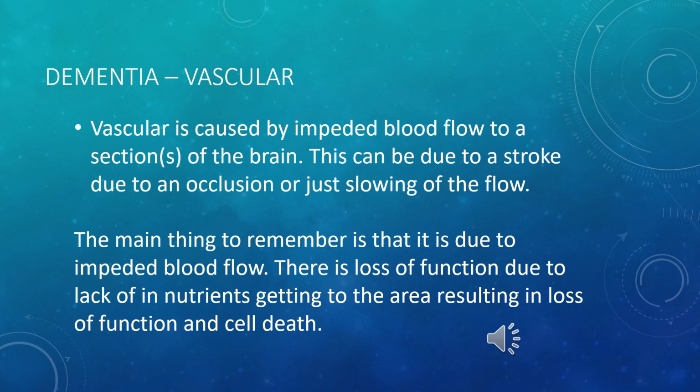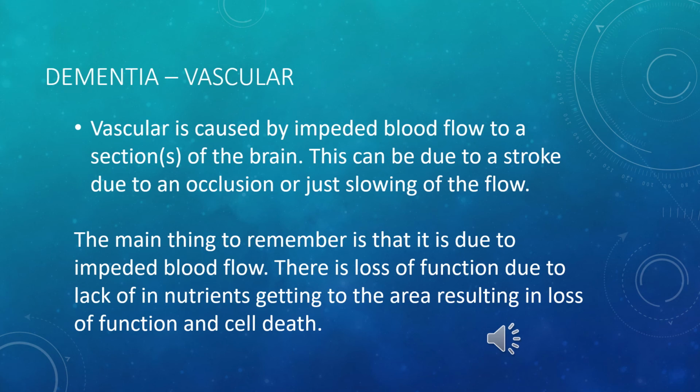Now, what I want you to remember about vascular dementia is it is actually due to the impeded blood flow to a section of the brain. Now, this can be caused by many things. It can be caused by an ischemic stroke, which is a stroke that's caused by a blood clot, or due to some type of inclusion, which could be a tumor or a mass, or it can be from a buildup of cholesterol on the vessels, which causes a blockage.